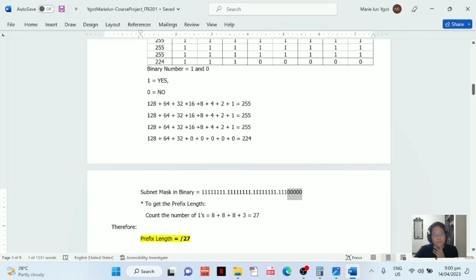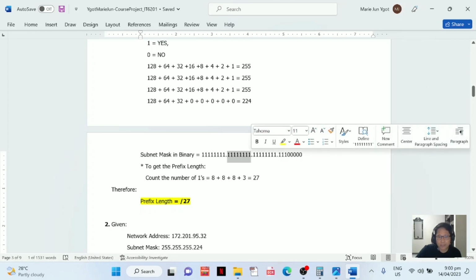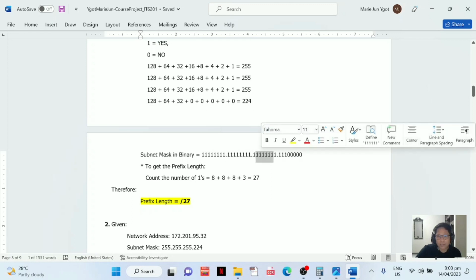Since we already know the subnet mask in binary, this is the binary form. To get the prefix length, we are going to count the number of ones. As you can see here, we have 8 ones, another 8 ones, another 8 ones, and 3 ones.